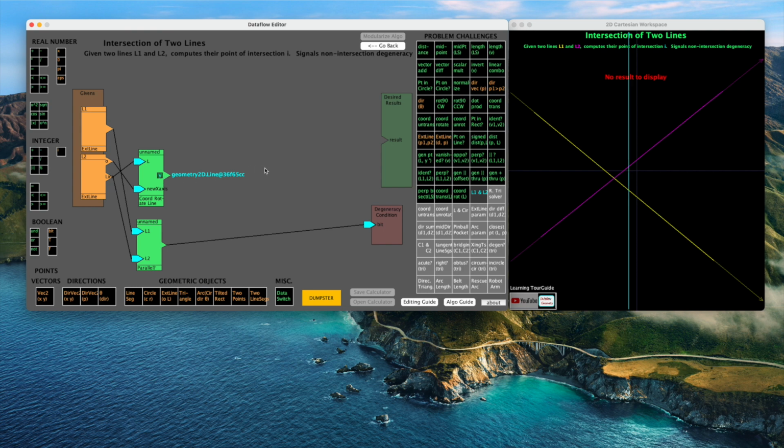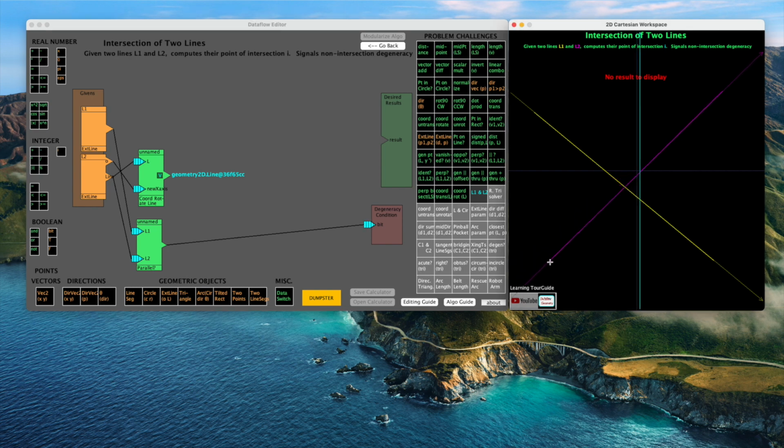Well, there it is. And in fact, if we move L2 around, you see how the transformed line is always vertical, and the run direction is always up. All we're changing is the location of the magenta line from the origin. So it can go negative and it can go positive. Okay?